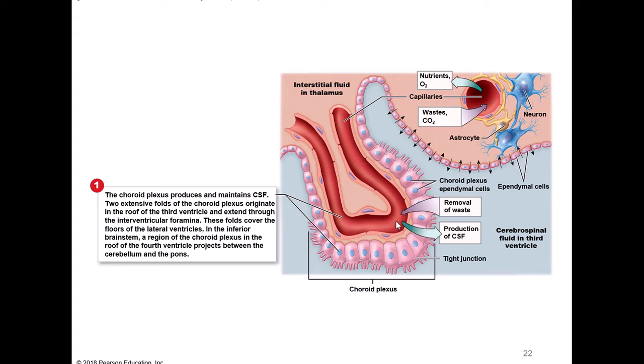The plasma will come through the ependymal cell and then go into the ventricle, where it's now the cerebrospinal fluid. Waste products in the cerebrospinal fluid can go this way here. So the ependymal cell is acting as a kind of gatekeeper, letting substances into the cerebrospinal fluid and removing waste products back into the bloodstream. That's how the cerebrospinal fluid is formed.